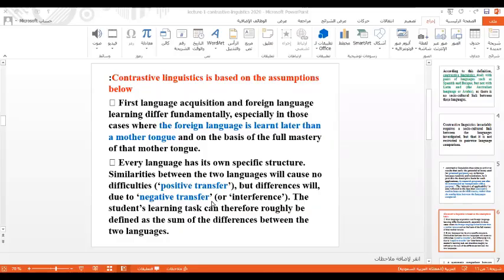So if you have a family consisting of a Palestinian dad speaking Arabic, a British mom speaking English, and a French grandmother speaking French, the child will come out trilingual. He will be speaking 3 languages: Arabic, English, French, as native languages, as first languages.